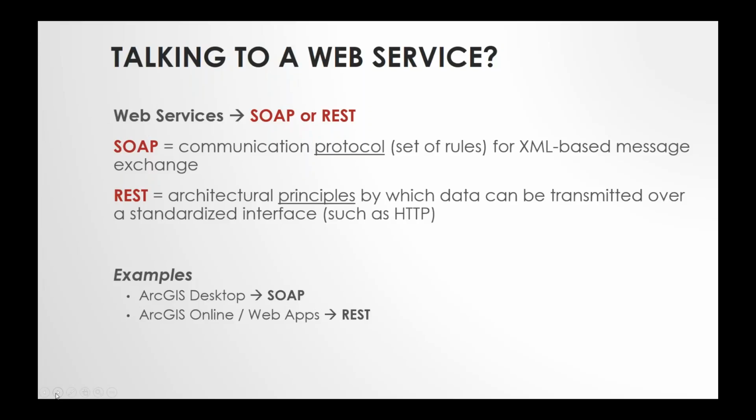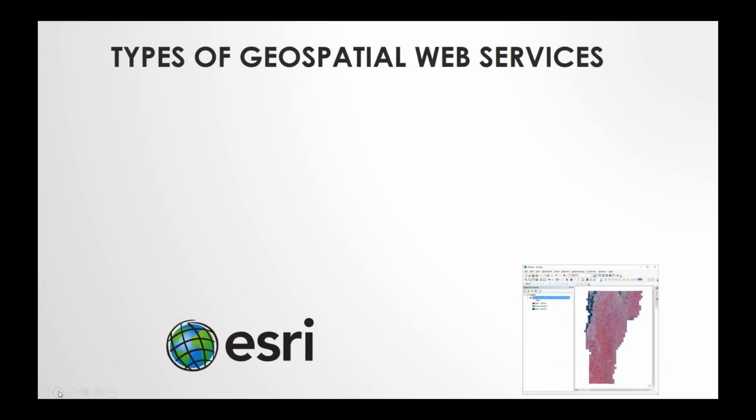So for example, ArcGIS Desktop talks to ArcGIS Server web services through the SOAP protocol, whereas ArcGIS Online and web apps for the most part are going to talk to web services through the REST method. So that's a little background on theory, and you can always dig in deeper on your own if you really want to understand more about SOAP and REST and web services and service-oriented architectures.